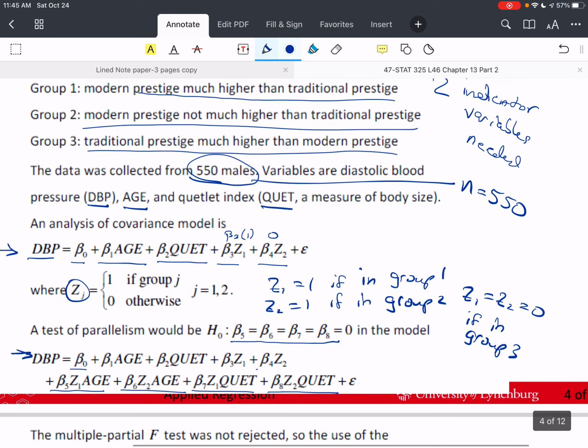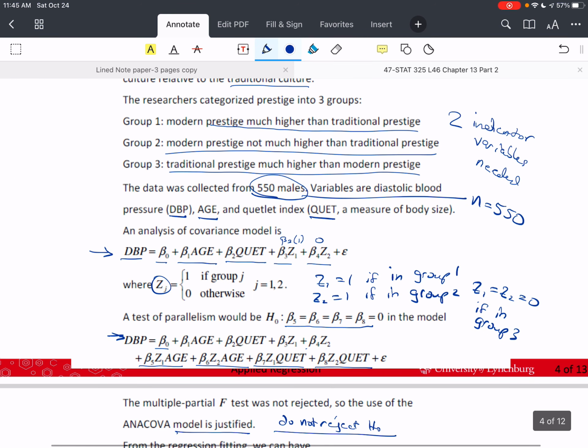So 13.9, I believe, is this model here, although I don't have model numbers listed, unfortunately. So that's the model. And so 545, where did we get this? Remember, this is N minus P minus K. So N was 550.